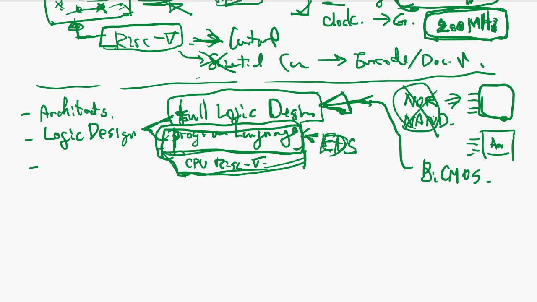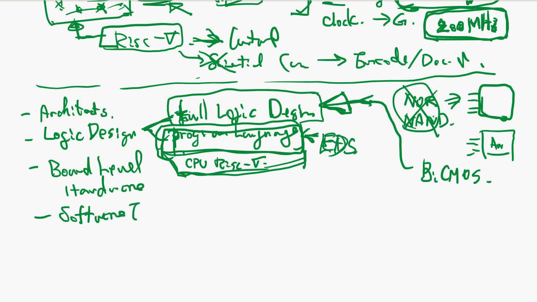So now, once a semiconductor chip is made, the remaining job is going to be board level hardware design and software engineering. And board level hardware design is evolving. Nowadays, it's not like a PCB where you put the chip and do the interconnection.